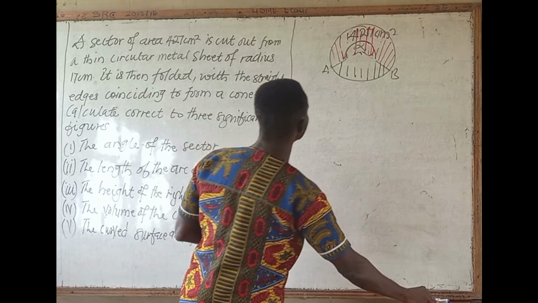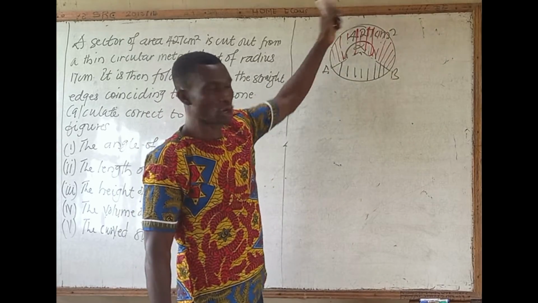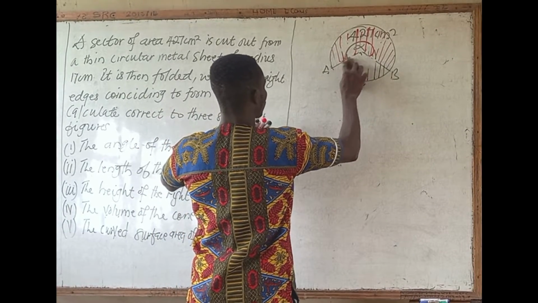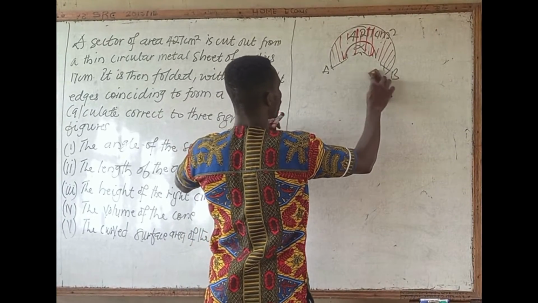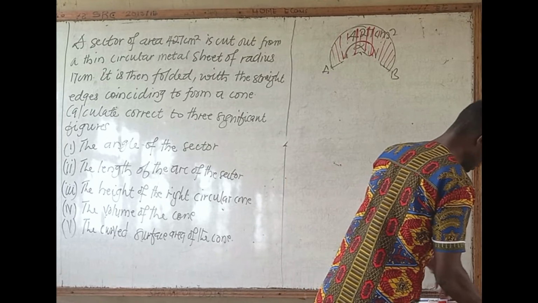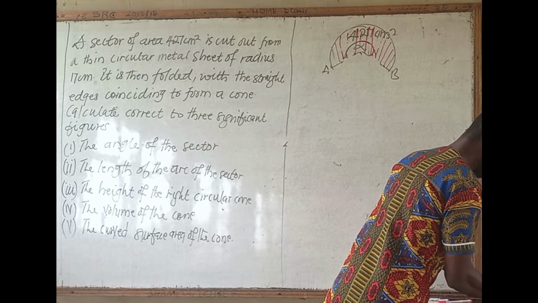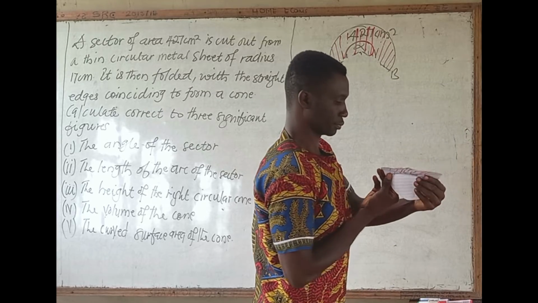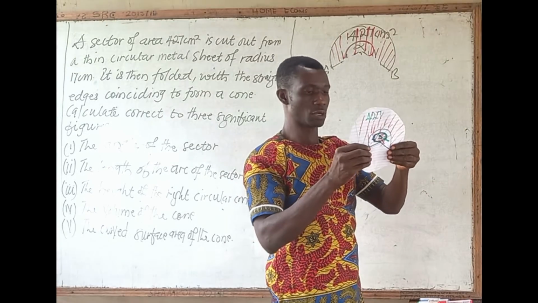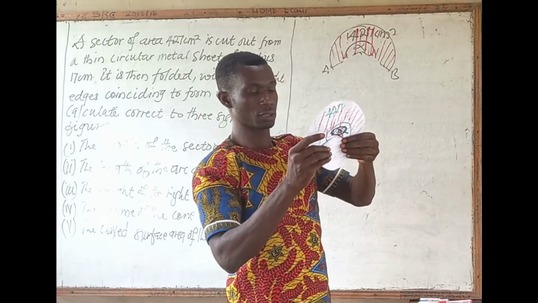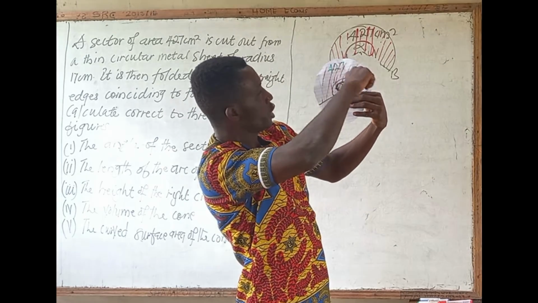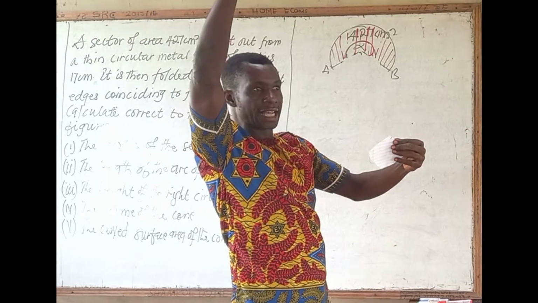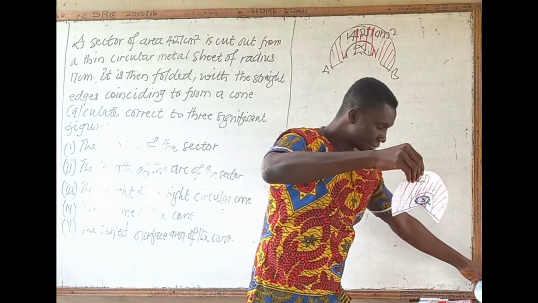And we are told that the area at the top there is cut off from the circle. So this part is no longer there. It's cut off, just like this. This is the whole circle, and the top one, the area of the top one, is cut off and taken.